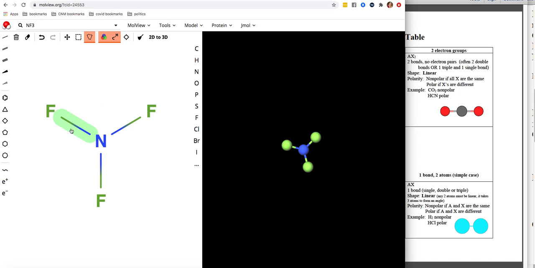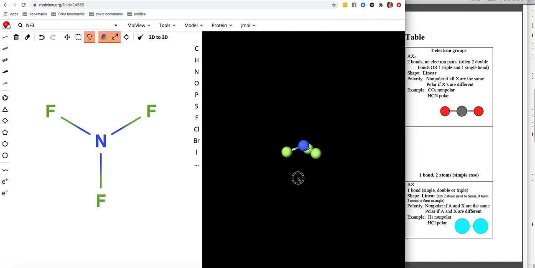The downside to this is it's not a Lewis structure. It does not have the dots around the fluorine or the lone pair dots on the nitrogen. So don't use this as your guide for a Lewis structure. You have to go with that Wolfram one for that. But what you get over here is an actual 3D model of it.